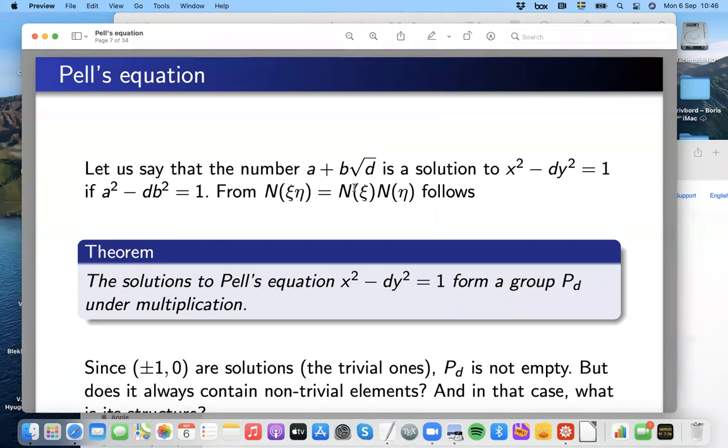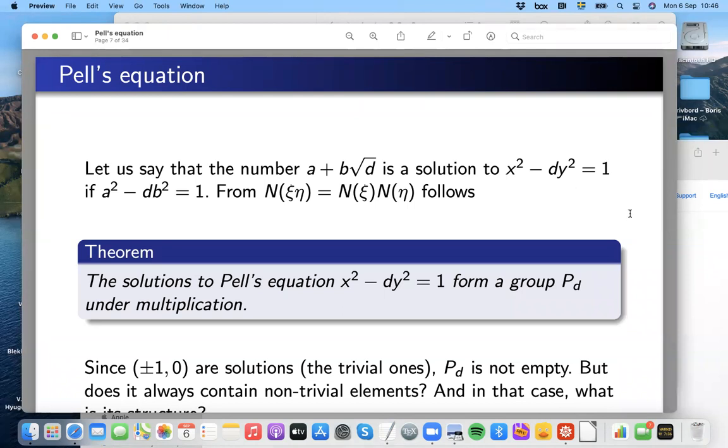And this will imply that if we have two numbers of the form a plus b square root of d having norm 1, then their product will also have norm 1. That means that solutions of Pell's equation form a group under multiplication.